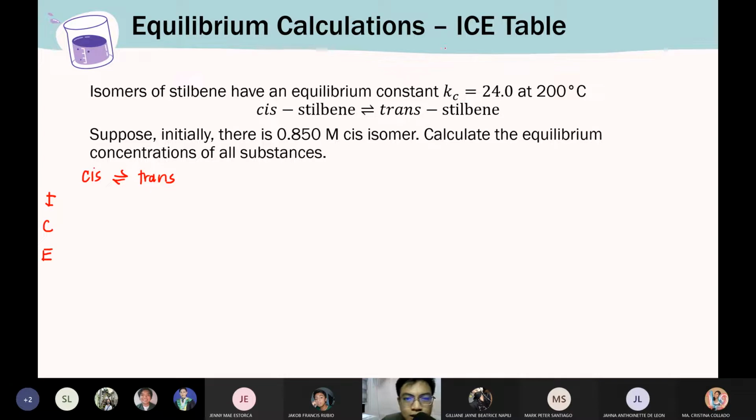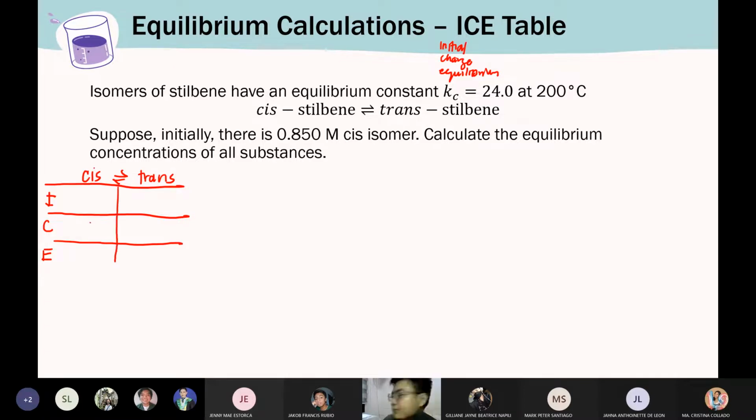Again, initial, change, equilibrium. Do not forget that. Gagawa tayo ng table. Ganito ginagawa parati, ha? You have your reaction on the top and then you write the table: initial, change, equilibrium. And now, I'll change my ball pen into blue.